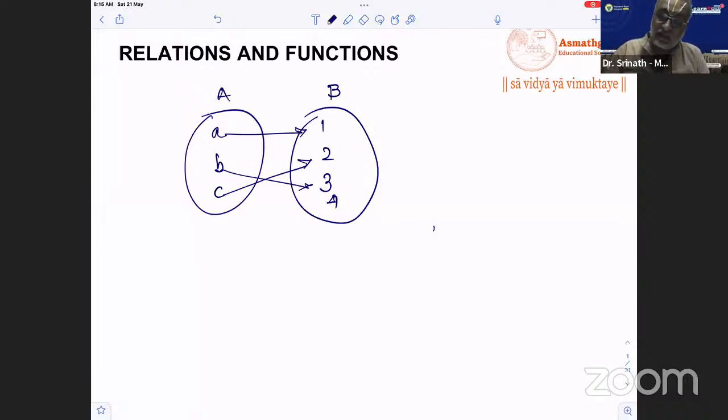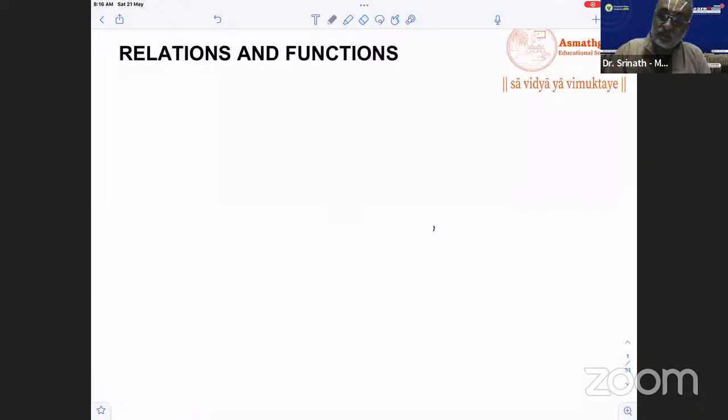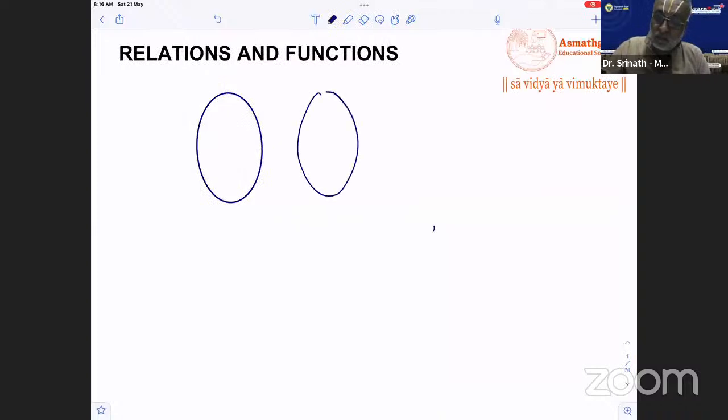Suppose I will give one more example. Suppose you have A, B, C, 1, 2.